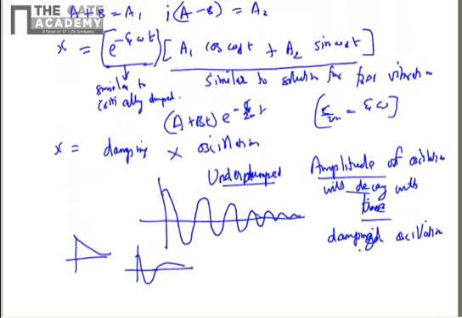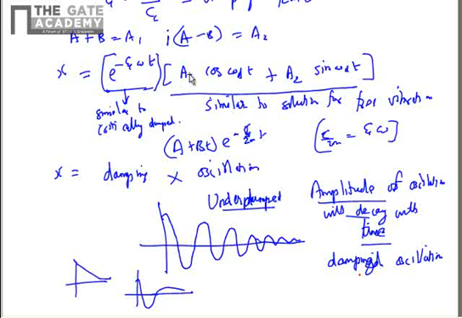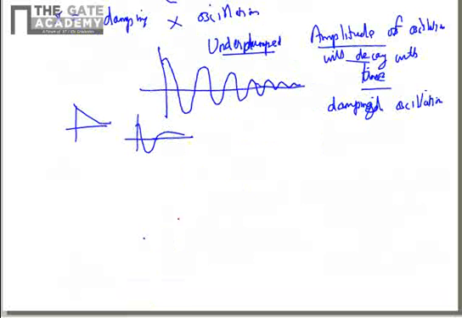Now we come to an interesting observation: what is the frequency of damped oscillation? If you compare the expression in the bracket here, it is similar to the solution of free vibration. In free vibration we had A cos omega t and B sin omega t.